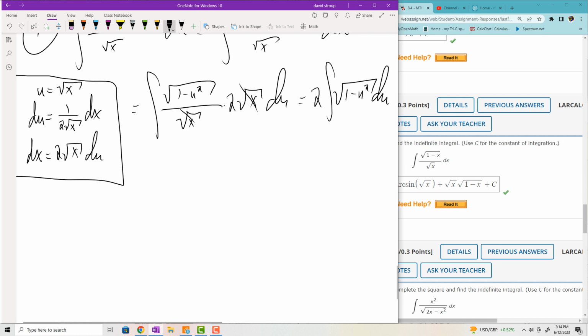So how is that a trig integral? We're going to let u equal sine of theta, and then go from there, right? So I'll just set it up, and you could do the rest in your homework. Du will be cosine of theta d theta.